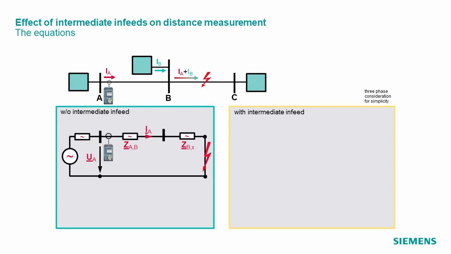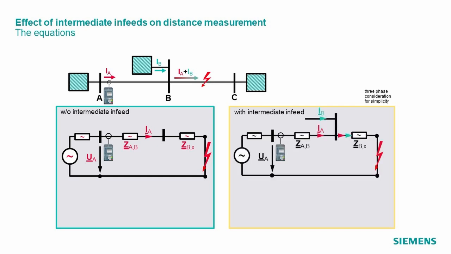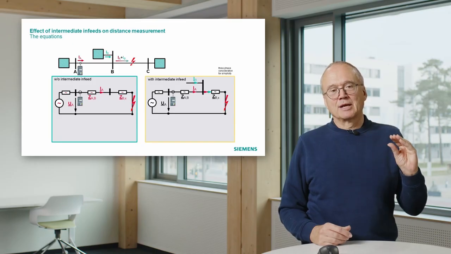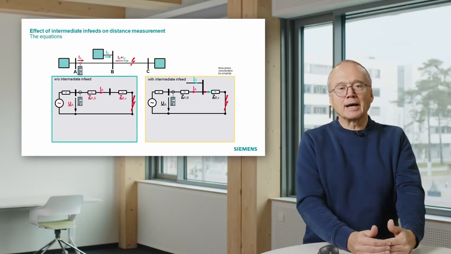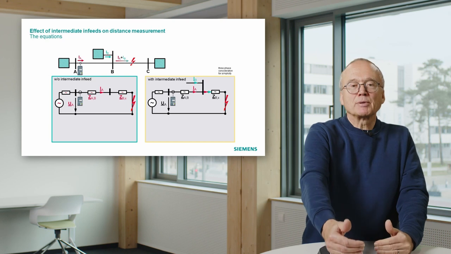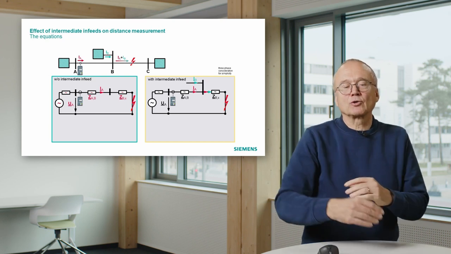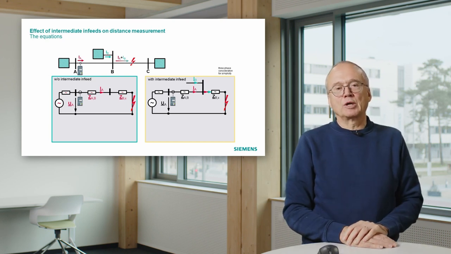You can again set up equations as we did for the faults with fault resistance. On the left-hand side, you see the equivalent diagram for the situation without intermediate infeed. So our relay measures the impedance of its own line plus the impedance of the part of the next line up to the fault.